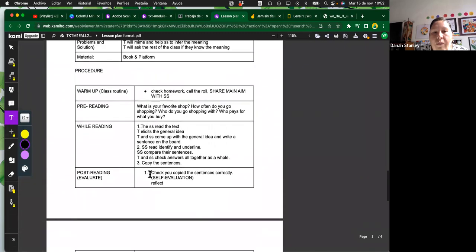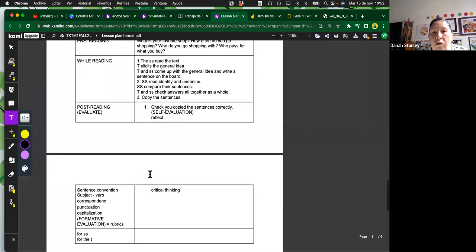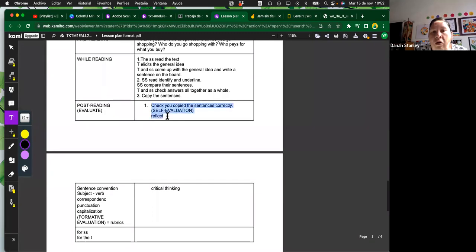For example, in here this can be just a session because you have the pre-reading, the while reading and the post reading, and it's just copying sentences, and the reading was very short. It was a small paragraph. As we said, in one class I can introduce the grammar, another class talking about the English Aware, one session the grammar, one session for vocabulary, another session for reading and listening, and another session for the production.